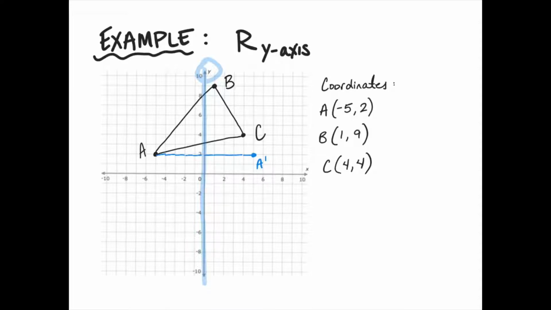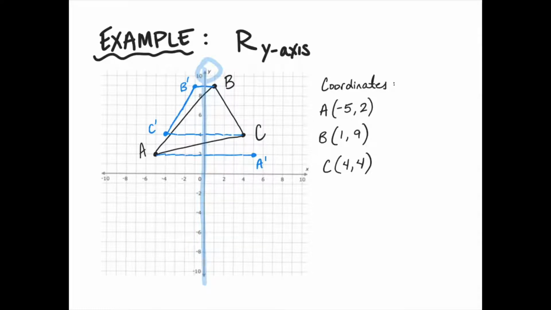Same thing with B. Even though B is on the other side of the line of reflection from A, it doesn't matter. You do the same thing. B is 1 unit away from the line of reflection, so B prime is going to be 1 unit on the other side. And C, same thing. 4 units from the line of reflection, so 4 units on the other side. And the image is called C prime.